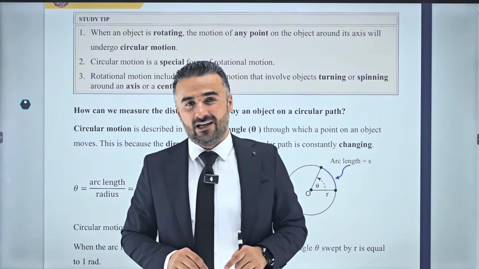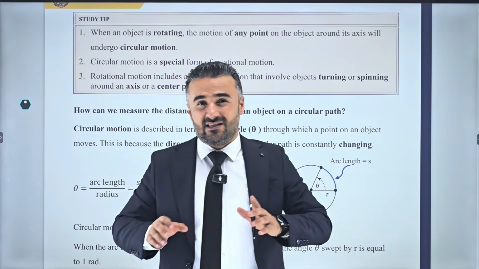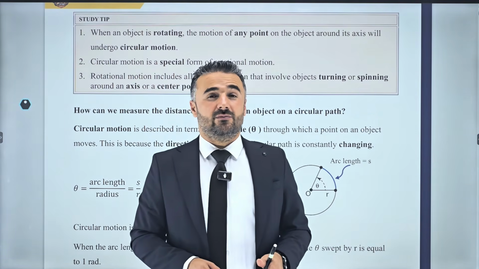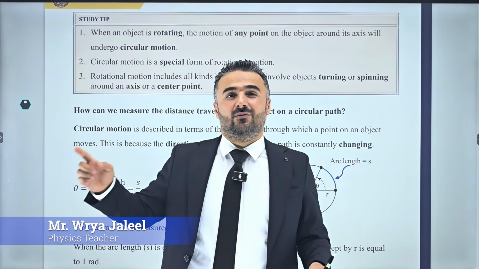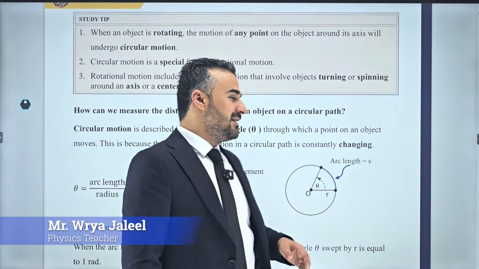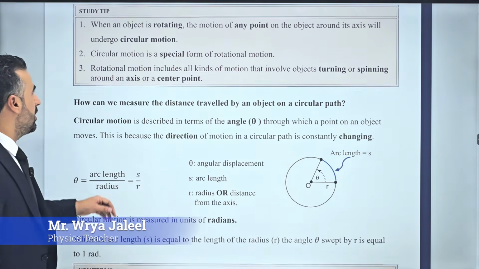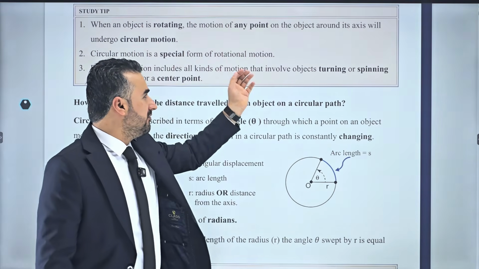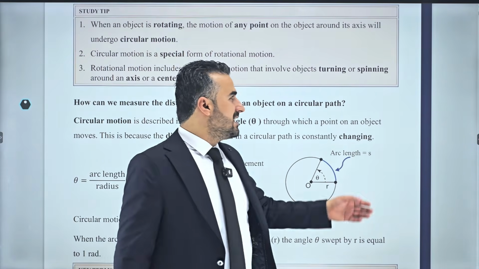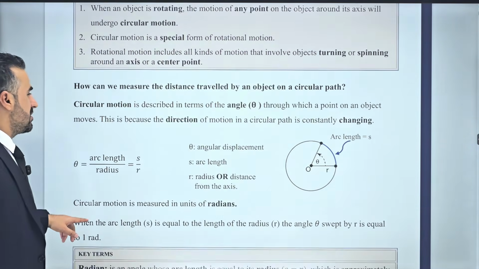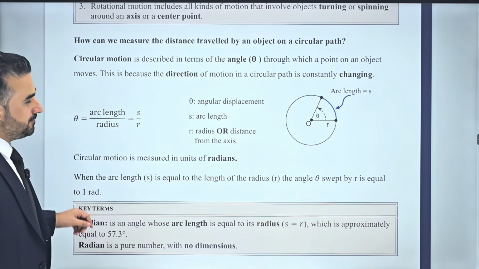Let me not forget, again, circular motion is a special case in rotational motion. In other words, in every rotational motion, there will always be circular motion. And the third point: rotational motion includes all kinds of motion that involve objects turning or spinning around some axis or center point.